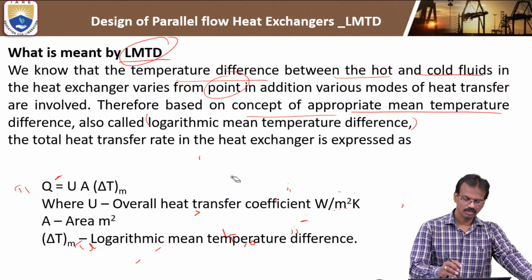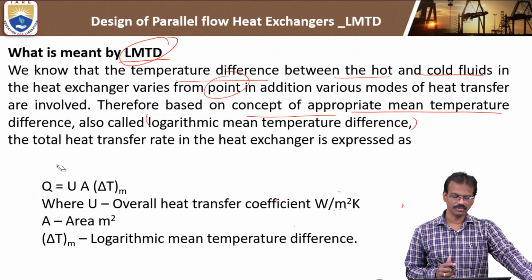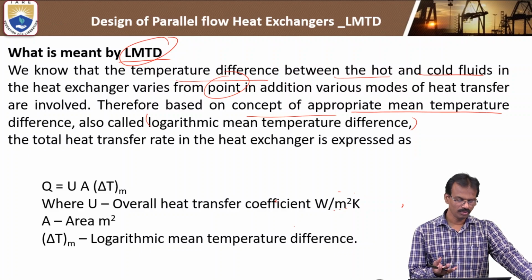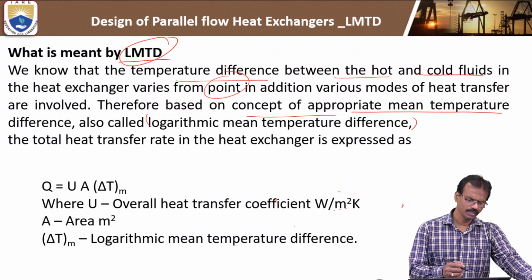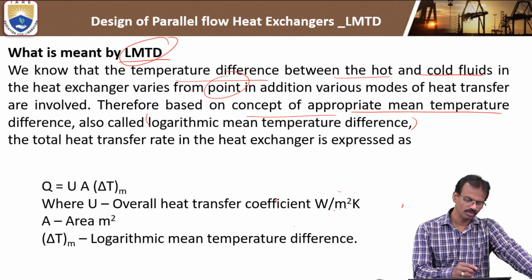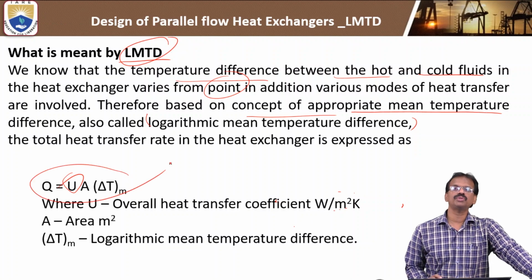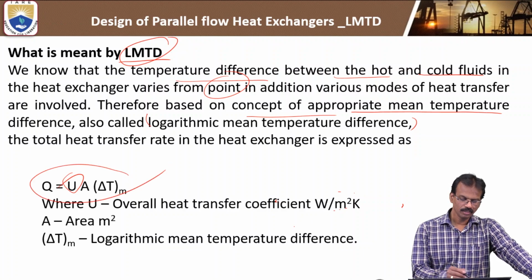You know that Q is equal to UA, with the overall heat transfer coefficient, because there are different surfaces: hot fluid inner surface, hot fluid outer surface, cold fluid inner surface, cold fluid outer surface. In each case we consider the heat transfer rate, then find the overall heat transfer rate. Then the formula is Q is equal to UA delta T LM.